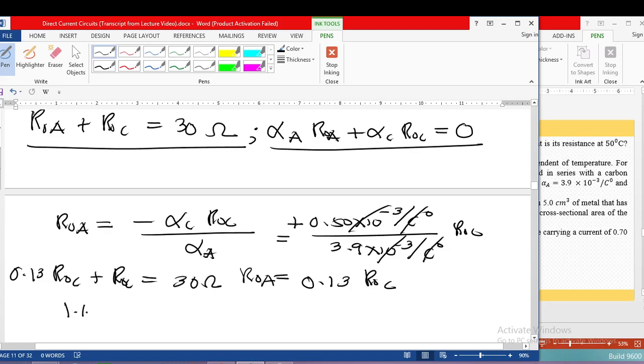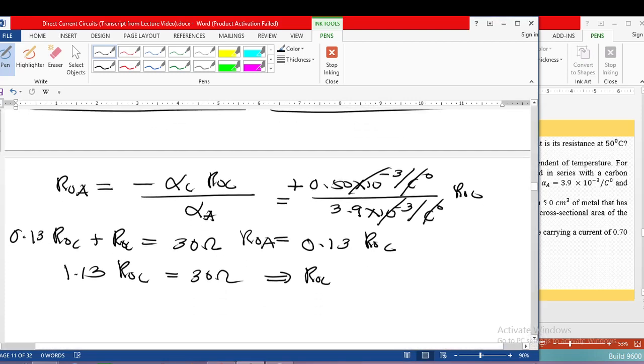Then we have 1.13 R sub naught C is equal to 30 ohms. So that is equivalent to the resistance of the copper material. So 30 divided by 1.13, so that is 23.1 ohms.